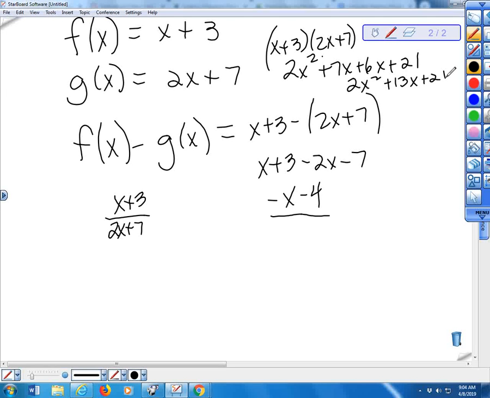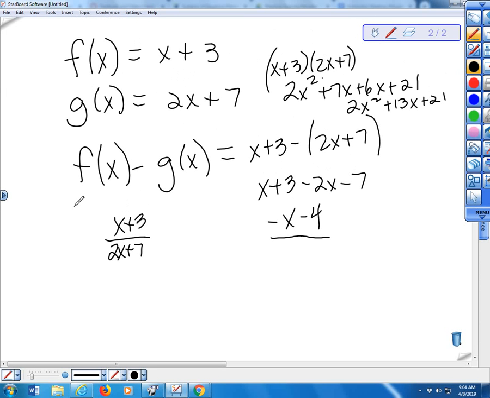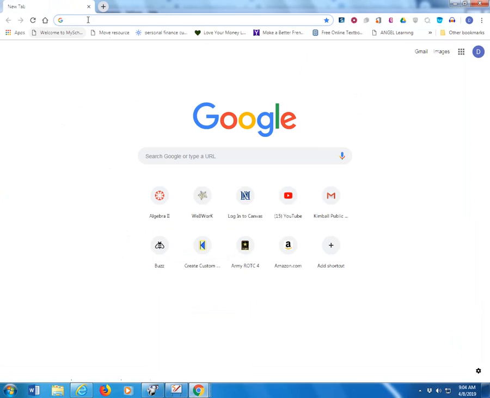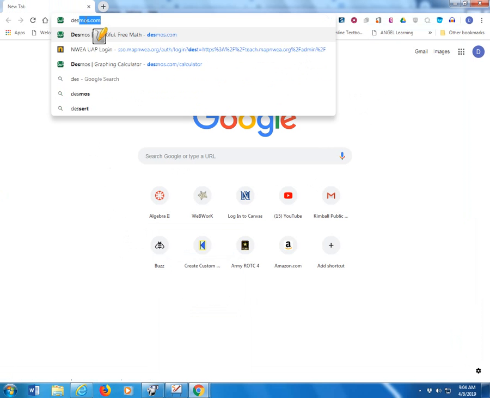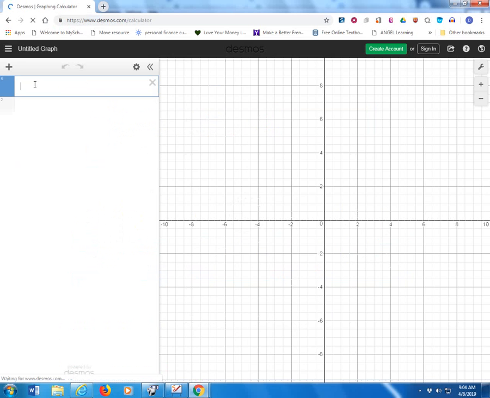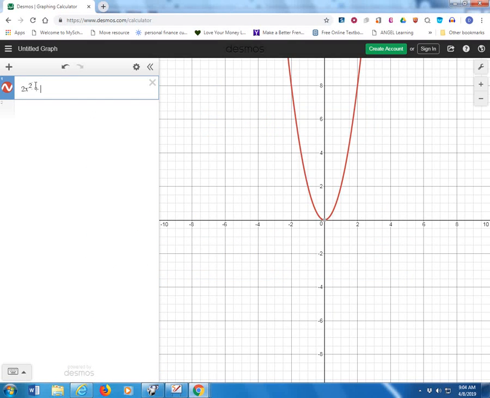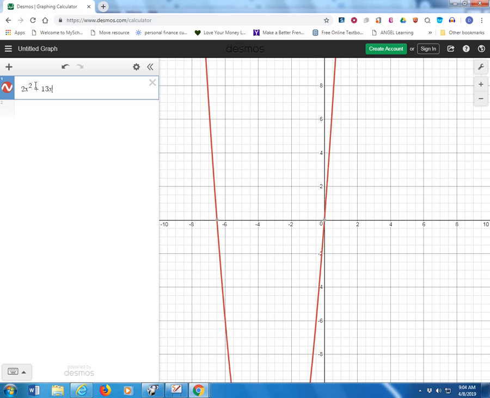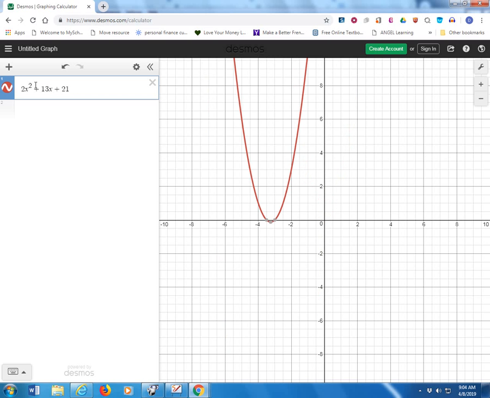Okay, so if I were to graph this, let's just graph it. 2x squared plus 13x plus 21. There it is.